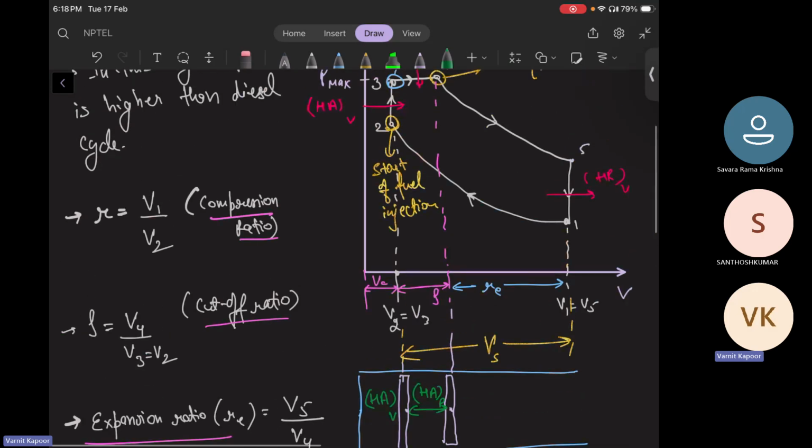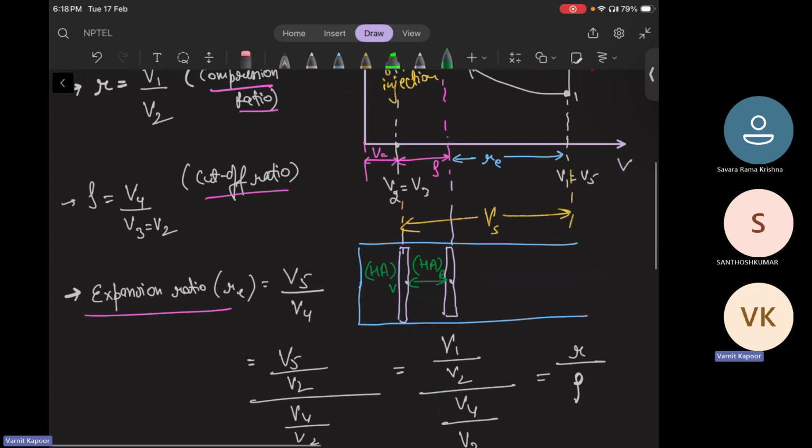So you can observe that from point 3 to point 4, your piston is also moving. From bottom dead center to top dead center to bottom dead center, and finally your piston comes to the bottom dead center.